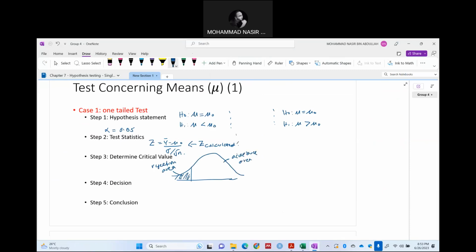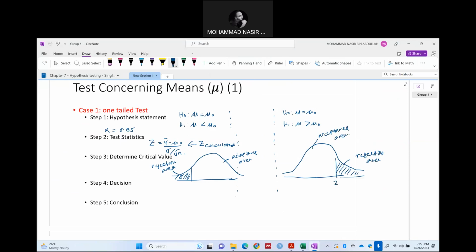This is for the one tail test to the left, and this one is to the right, with its rejection area and acceptance area.